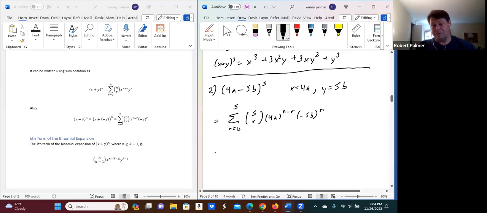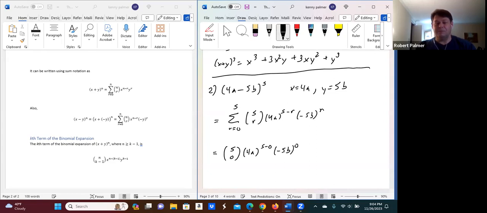Okay, so now we just start. Start at 0, replace our r's with zeros. So we have 5 over 0, we have 4a to the n, sorry, the n should be a 5. Missed that one. So 5 minus 0 times negative 5b to the 0.